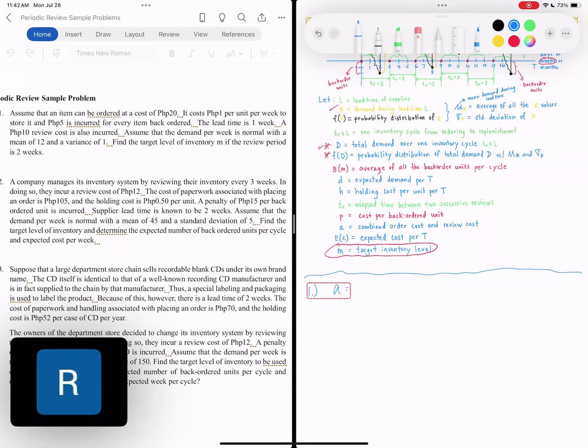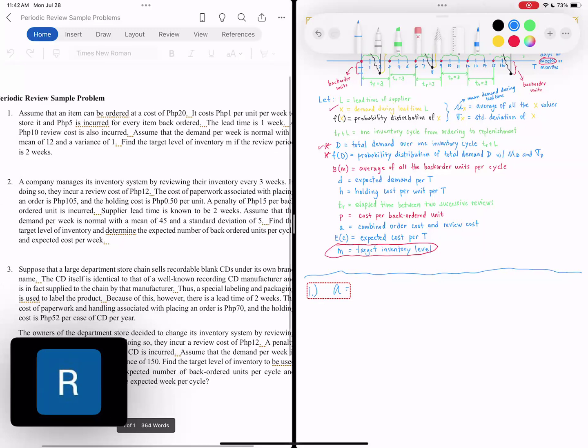Okay, it's 30. Thank you. It's here. So 20, you will see it here. This is the cost 20, if you can see. And then this is the review cost 10. So A will be equal to 20 plus 10. That will be equal to 30.